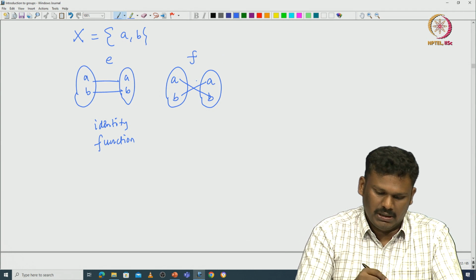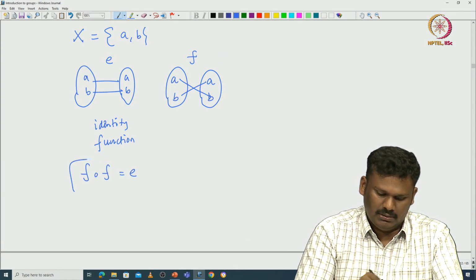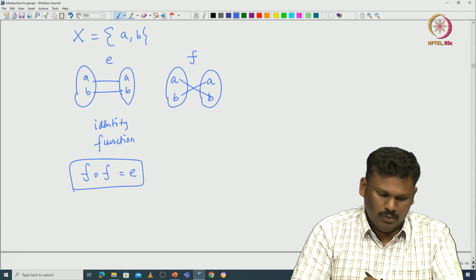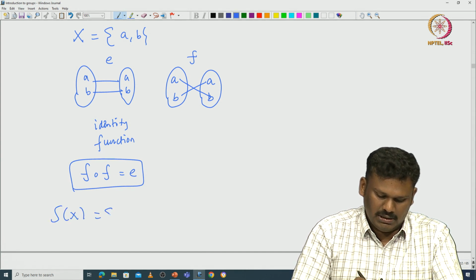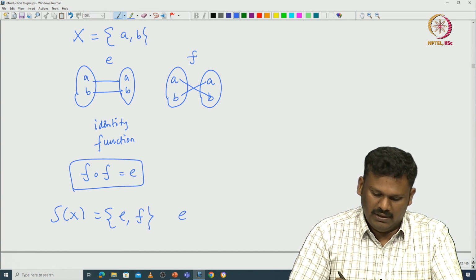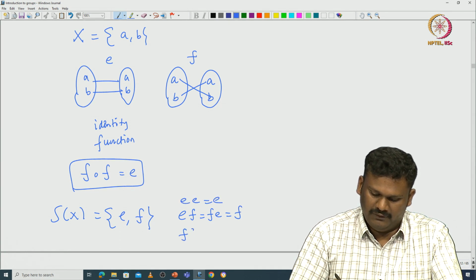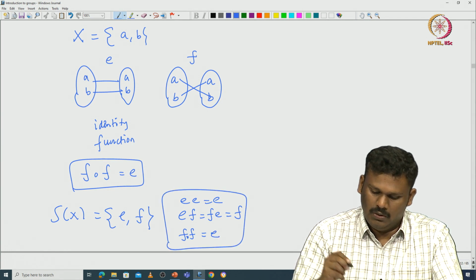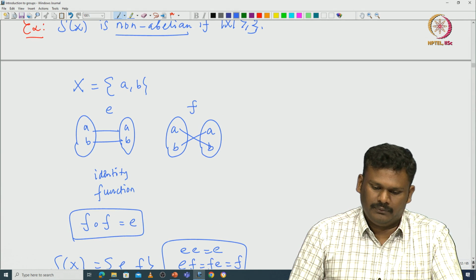So, then it is not hard to see f composition f will be identity. So, basically the group S(X) consists of e and f, and ef will be fe will be f, and ee will be e and ff will be e. So, these are all the possible multiplications.